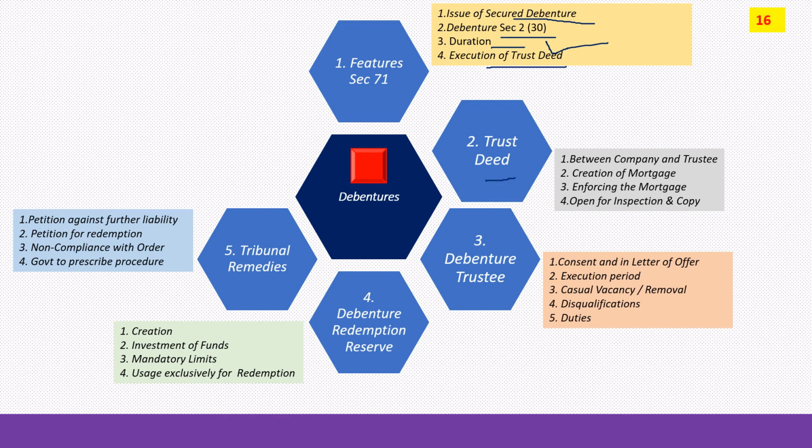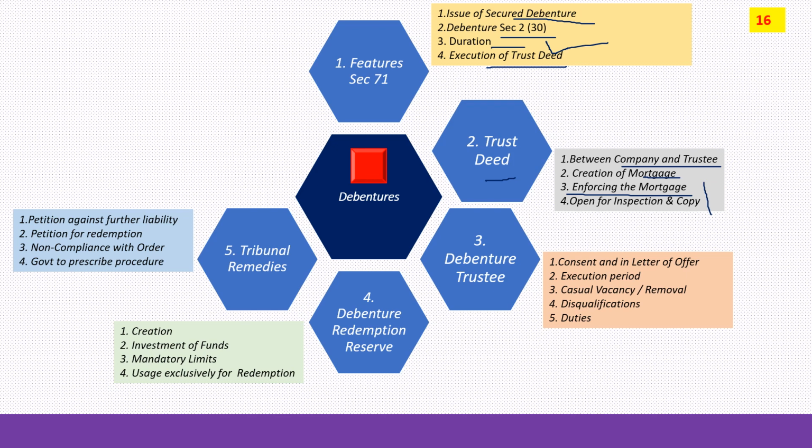And we looked into the trust deed and its clauses. It is a contract between the company and the trustee. It creates a mortgage and it is available for inspection, and a copy could be taken of it, and its detailed contents give the debenture holders a right of safety of redemption.